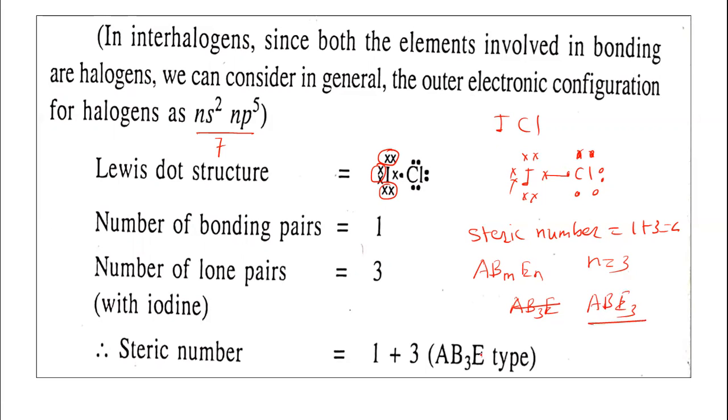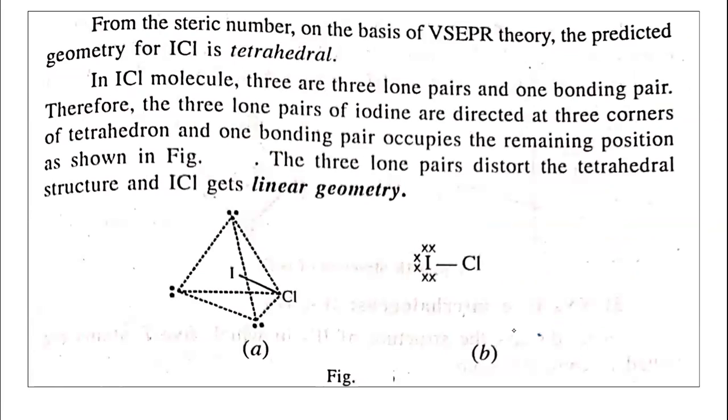The number of lone pair electrons is 3 here, so it is an ABE3 type of molecule. The steric number is equal to 4.